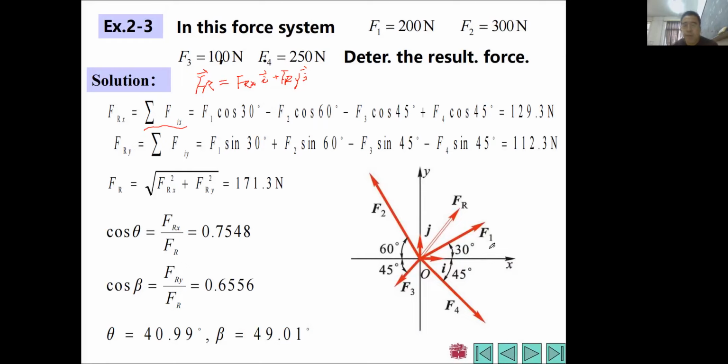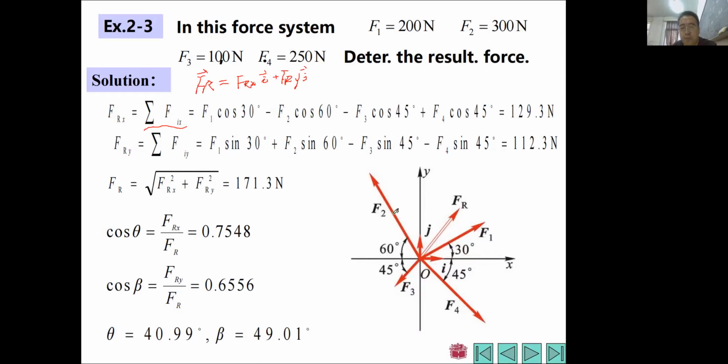But when we try to do some projection, we should first know its magnitude. The second is the intersect angle. And third, that is very important, you should figure out the direction of its projection. If that direction is along the positive direction of x, then it will have a positive sign.